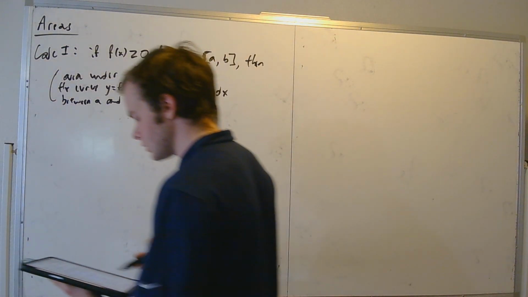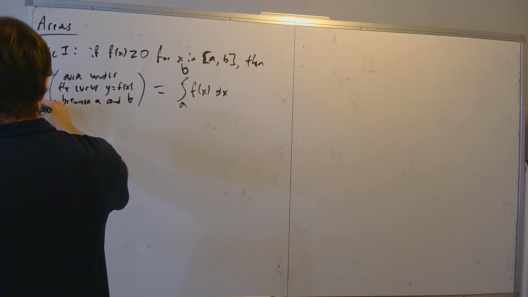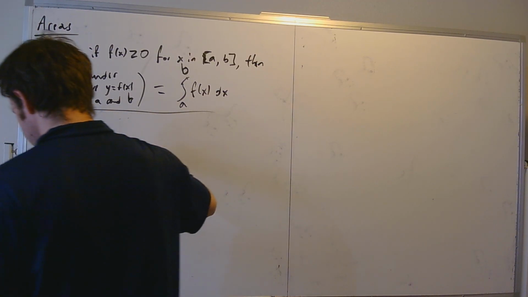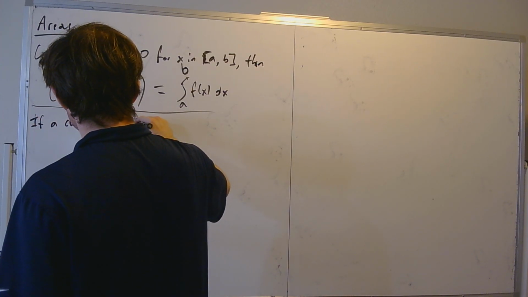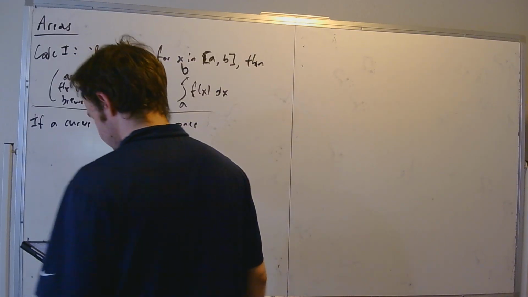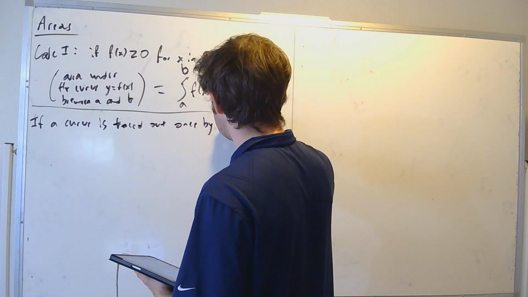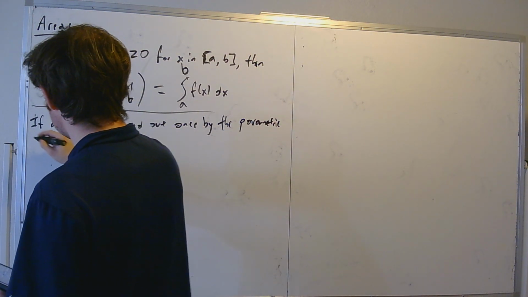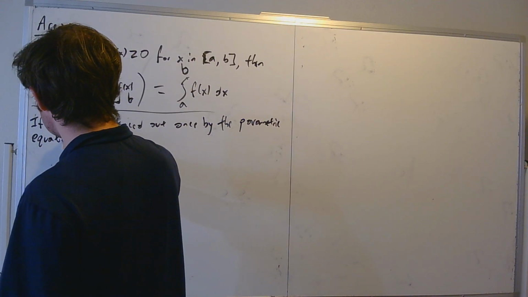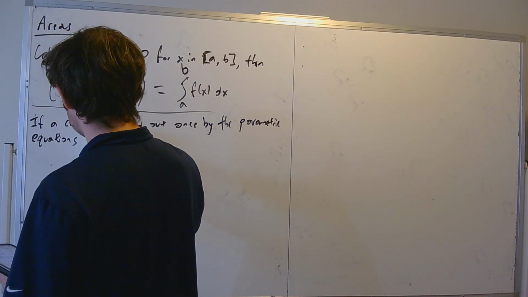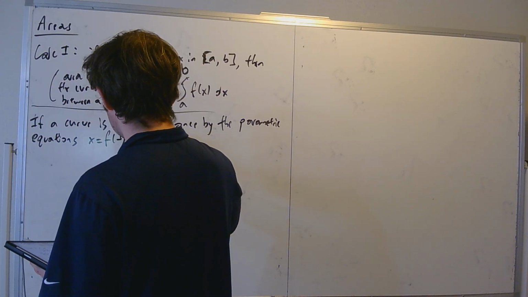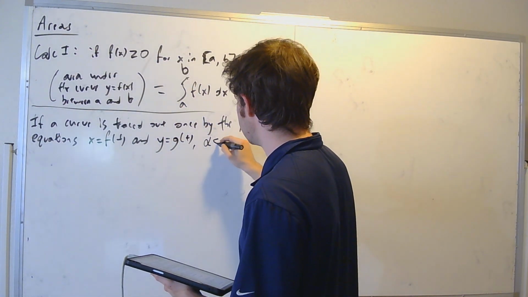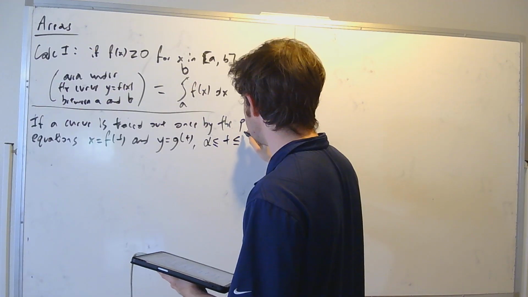Now, what we're doing in this section is saying, so that was for Calc 1, but now we're saying if a curve is traced out once by the parametric equations x equals f of t and y equals g of t, where alpha is less than or equal to t is less than or equal to beta.